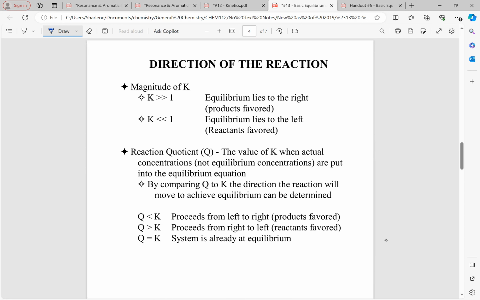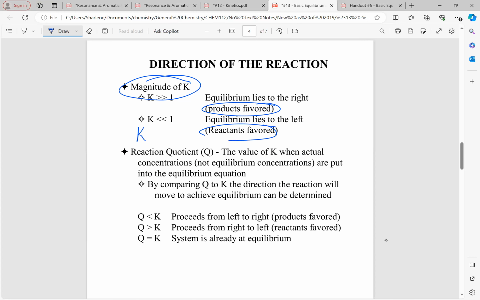And before we end this one, let's talk about what is K. Yes, Jolly, it's the equilibrium constant. Thank you. Yes, it is. But what does the actual value of K mean? If K is greater than 1, it means products are favored. If K is less than 1, reactants are favored.